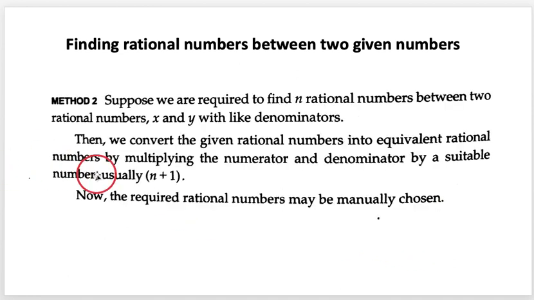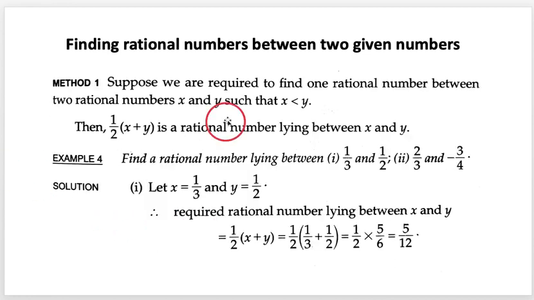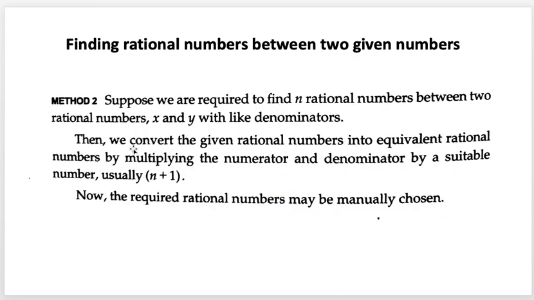Now method 2. What is method 2? Suppose we are required to find n rational numbers between two rational numbers x and y. See, method 1 is asking for only one number lying between x and y. And here in method 2, they are saying n rational numbers. That means it is not one, it is more than one.